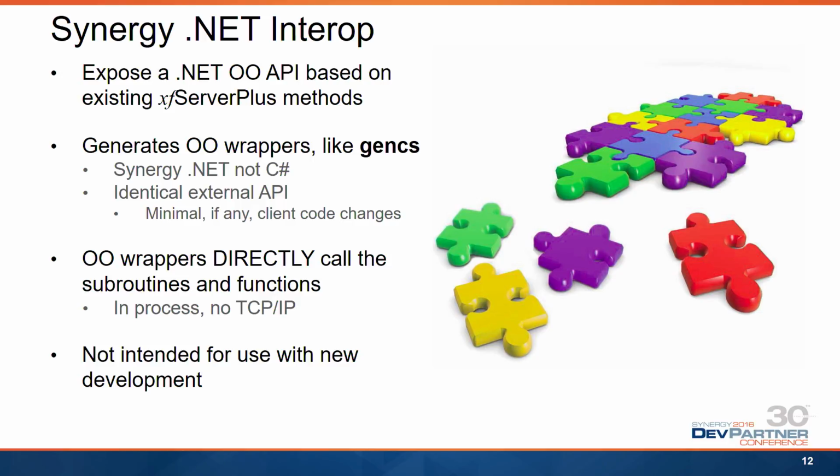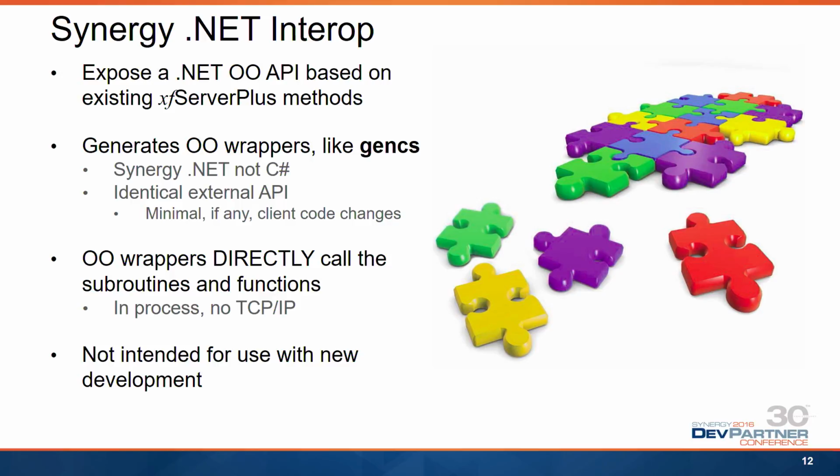What's happening under the hood is very different. There's no TCP/IP anymore. There's no xfNetLink anymore. There's no xfServerPlus anymore. It's just calling your Synergy code directly. But as far as the client application is concerned, it's an identical environment, and things just carry on running.